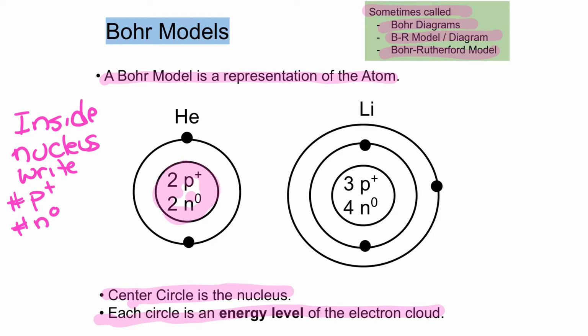You don't have to draw each proton and neutron, just write the number, just like right here. And then each additional ring. So for helium, it only has 2 electrons, so it only has 1 electron ring. Lithium has 3 electrons, and it has 2 rings. And we'll get to that in a second.